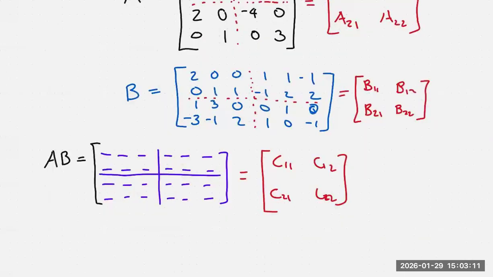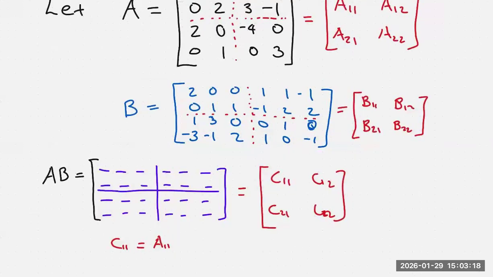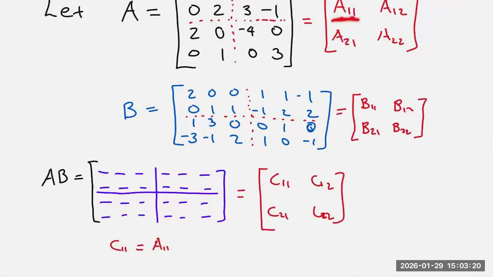C11 is equal to, look carefully now, look up at the two matrices we have: A11, see it here, times B11 plus A12 times B21. Agree?